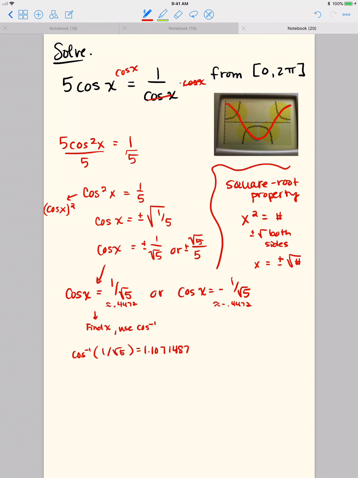And just to give you a mindset, this is also like 63.4 degrees. So picture-wise, one angle is here at 1.107 radians. So that's what one angle is in quadrant 1. That's where the cosine was 1 over square root of 5, or 0.44.